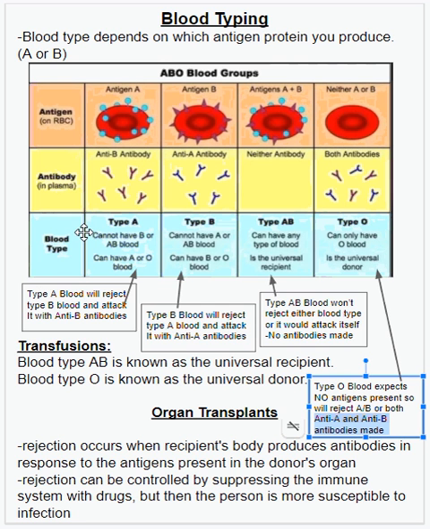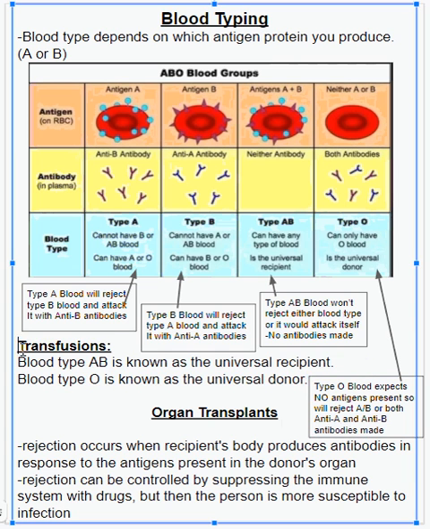So you don't want to give positive to a person who is negative because their body will recognize that foreign factor and it will cause a response. We'll talk about that more when we get into human reproduction because that's when it can actually become significant with babies who are a different blood type than their mom.